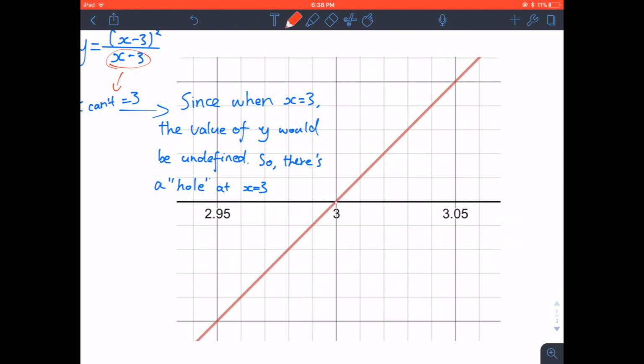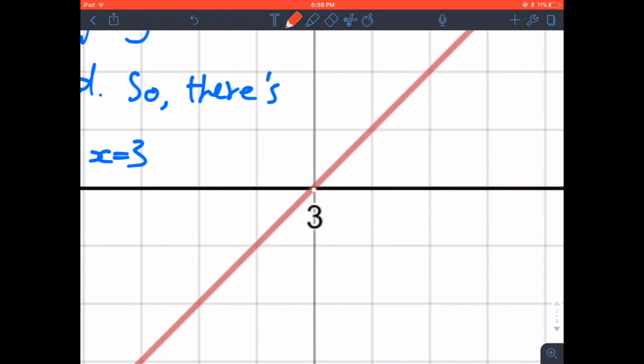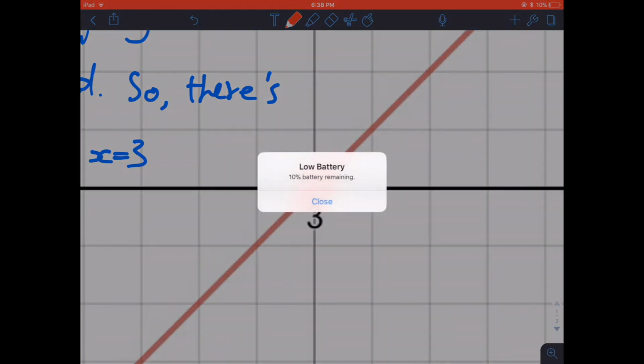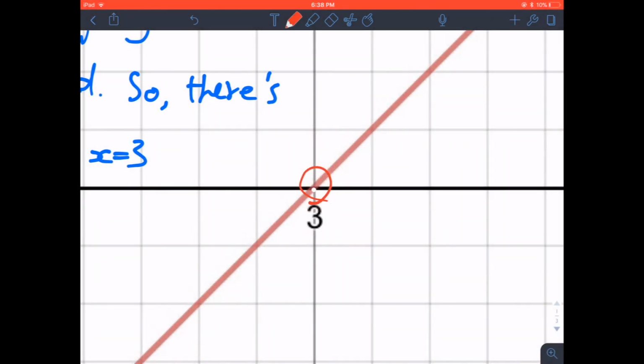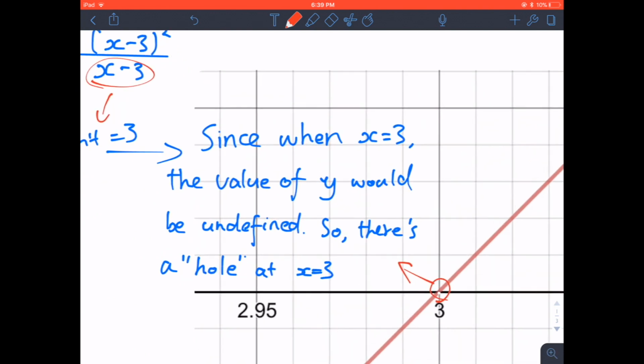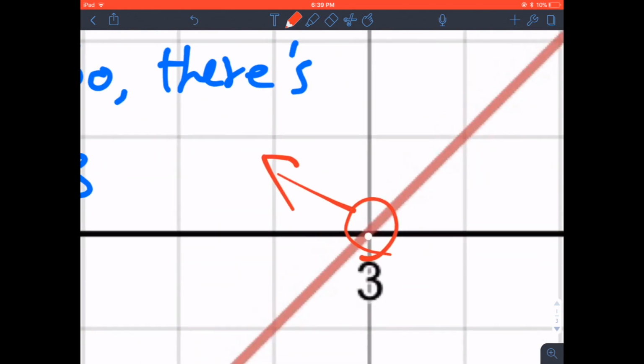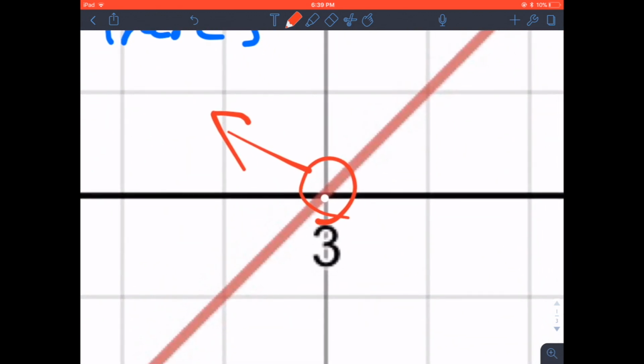At first it's a nice linear graph, but at this particular point, x equals 3, there's a hole in it, like a white hole, because there's no value there. So when x equals 3, the value of y would be undefined. So there's a blank hole.